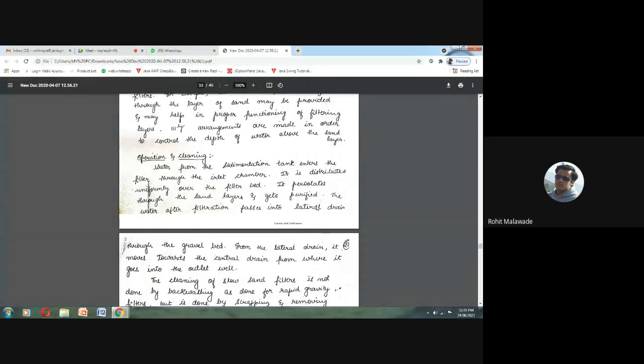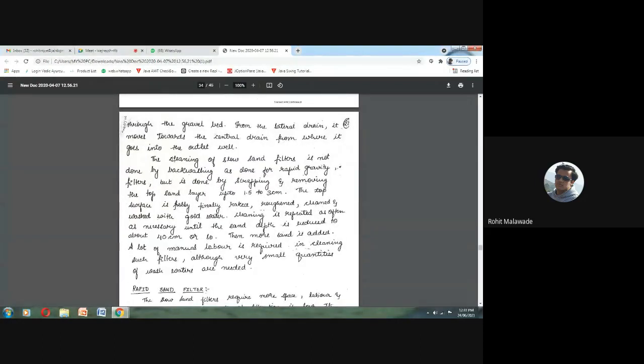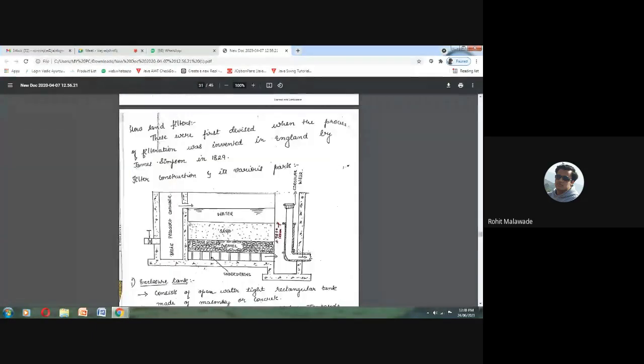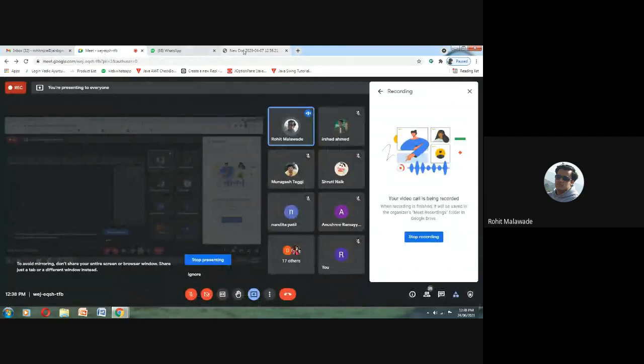Now, the operation has been told to you in the previous class. Now we will come to the cleaning part. The cleaning of the slow sand filter is not done by backwashing. What backwashing is will be explained to you when we deal with the rapid sand filter. Backwashing is done in the rapid sand filter, but in our slow sand filter, the layer of very fine suspended particles will be there.